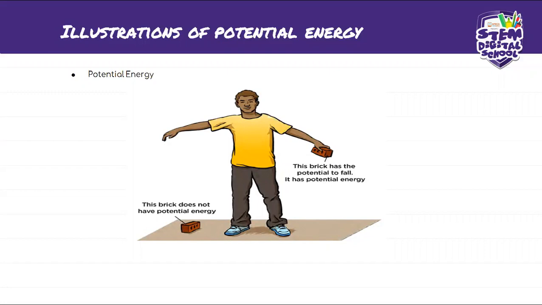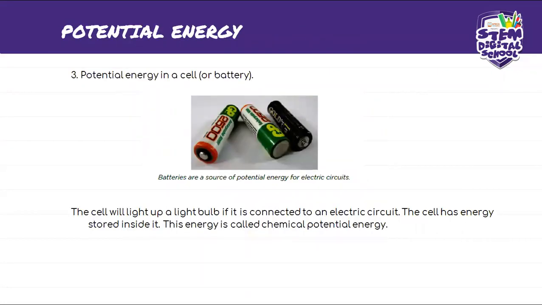All right. Now let's look at potential energy in a cell or a battery. You remember we said we can get energy from the food we eat, from the cell or battery, and from other sources like what? Fuel. Now, a typical example of potential energy in a cell is this one. So batteries are a source of what?